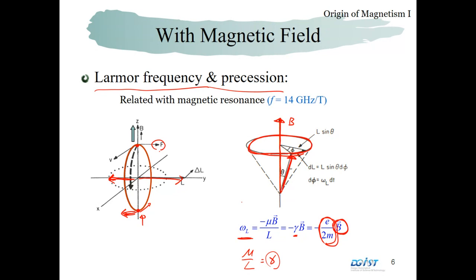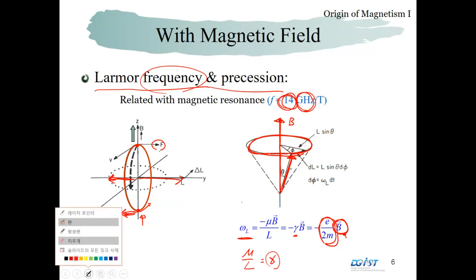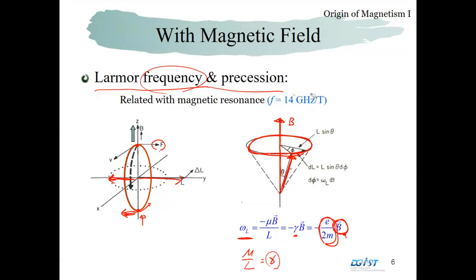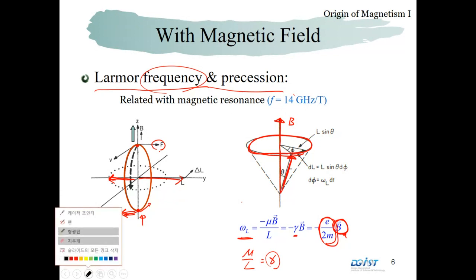And this value, the Larmor frequency for 1 Tesla of magnetic field, is given by 14 gigahertz. Here, the important point is this unit.